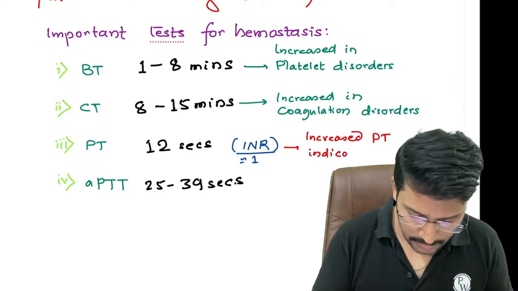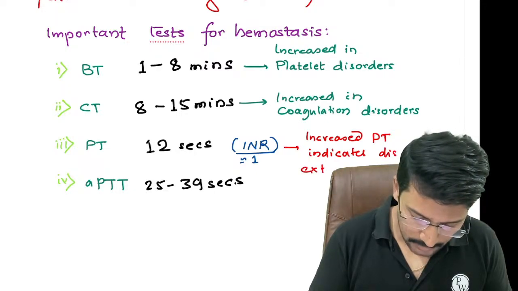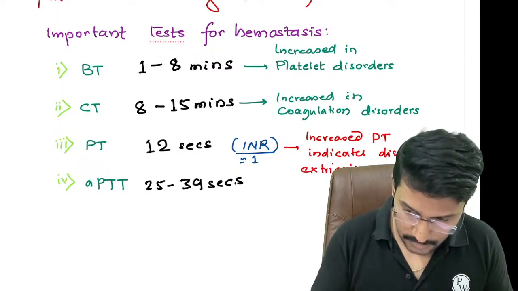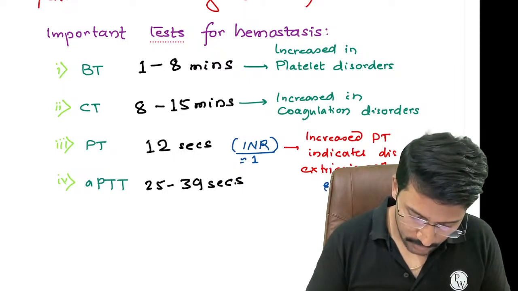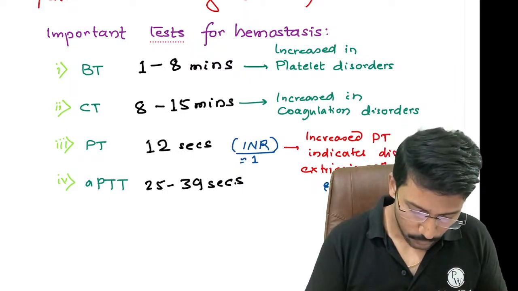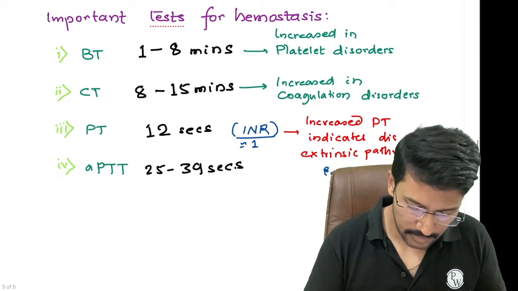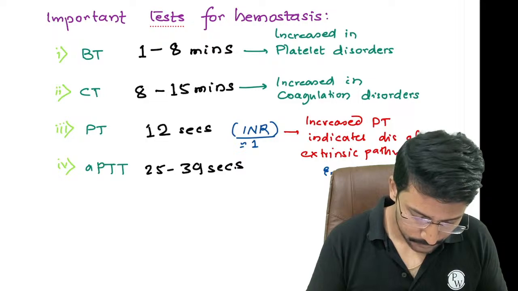Okay, so increased PT indicates disorders of the extrinsic pathway. An example we can give is the use of vitamin K antagonists like warfarin.